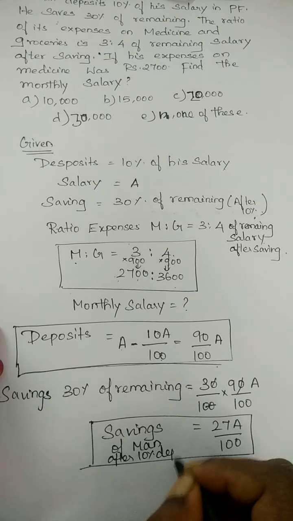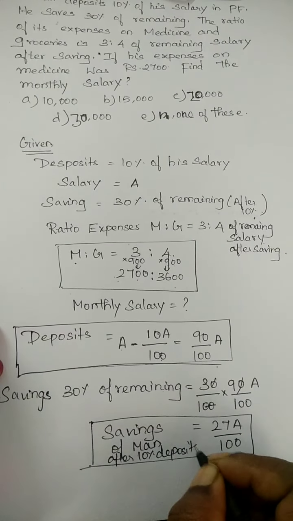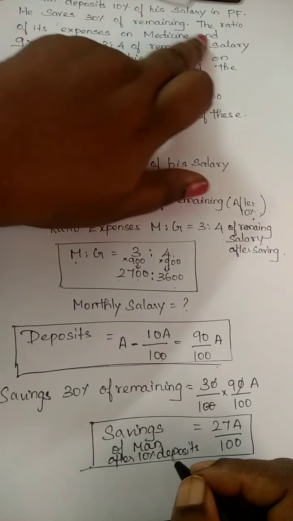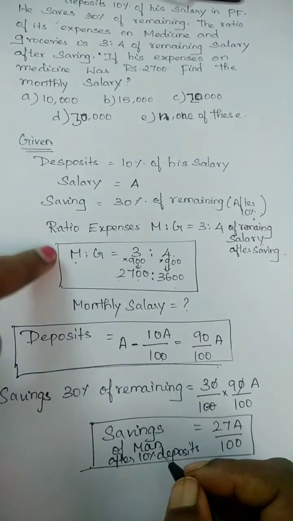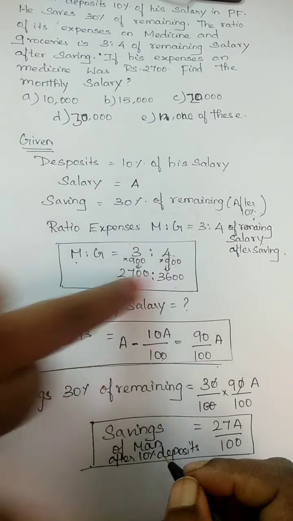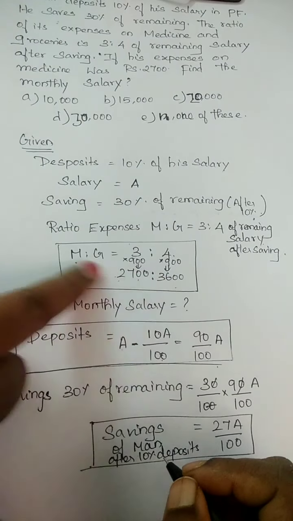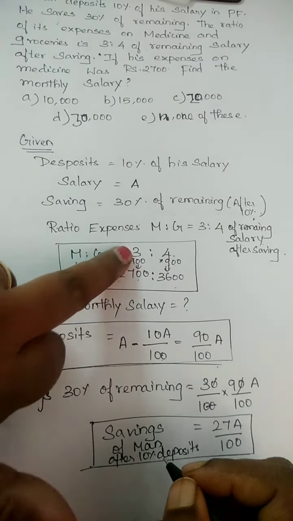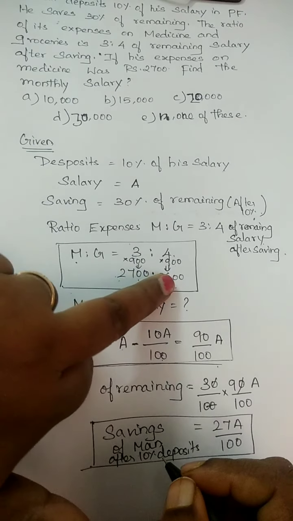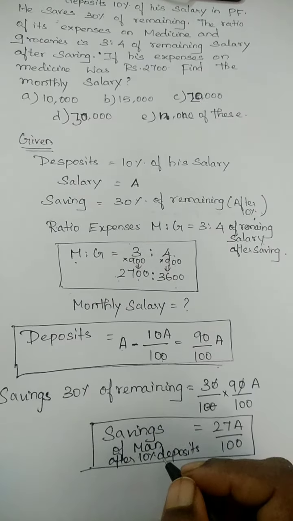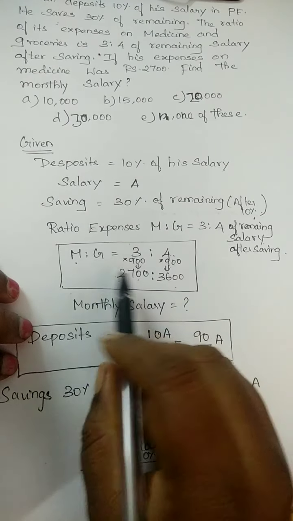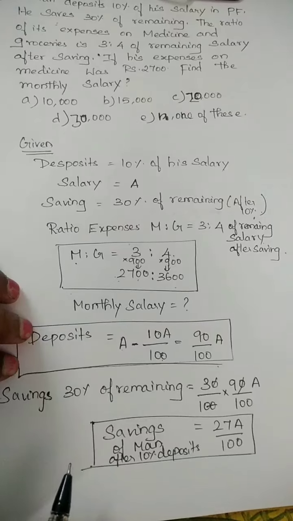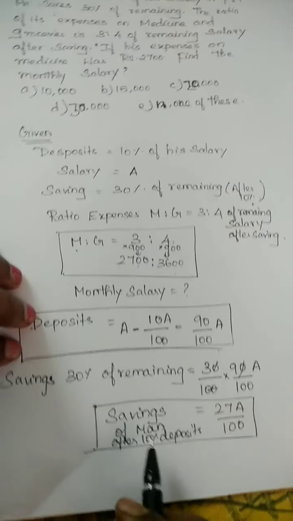Okay. Now, the expenses. We already found the ratio of expenses 3:4, and the medicine and groceries expenses were 2,700 and 3,600. From this we can calculate the total expenses of medicine and groceries, right?